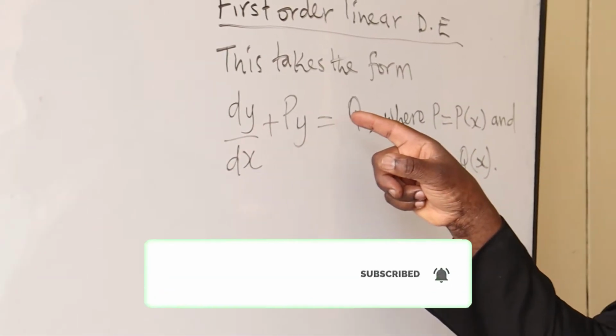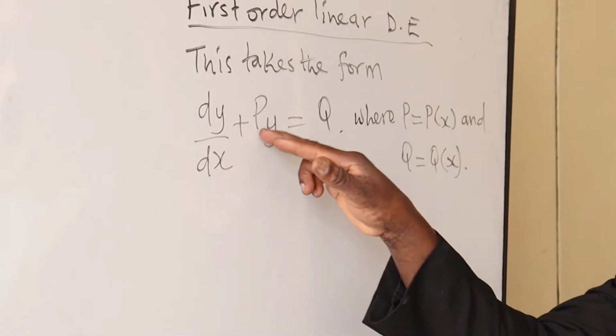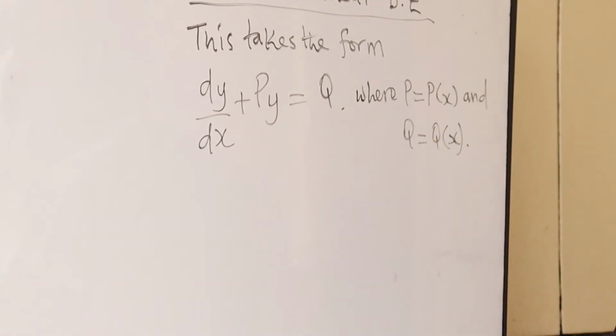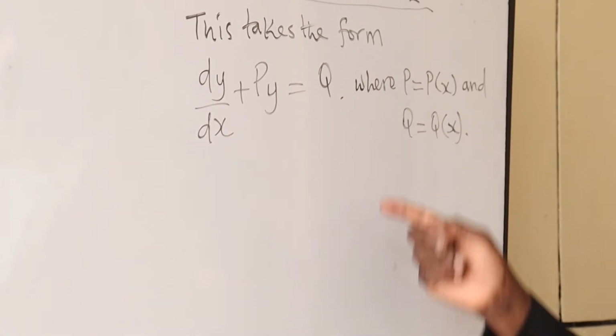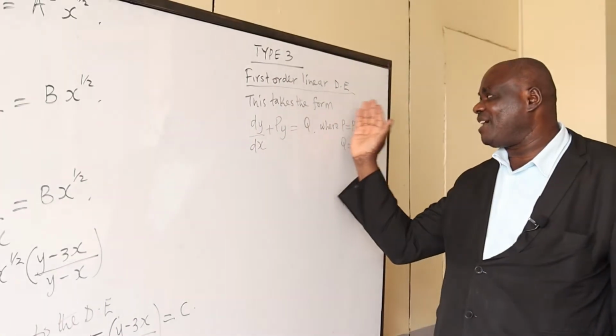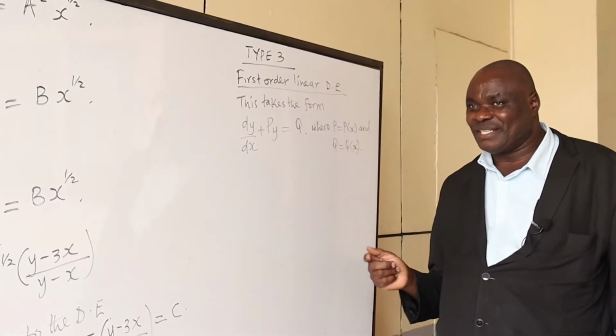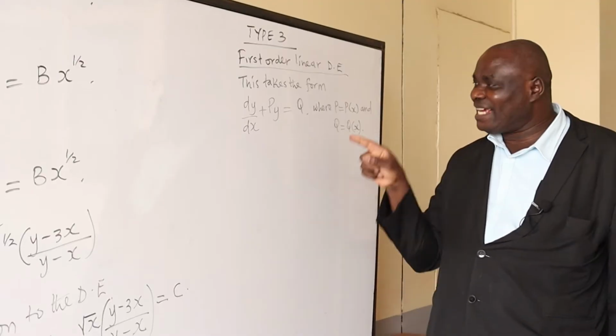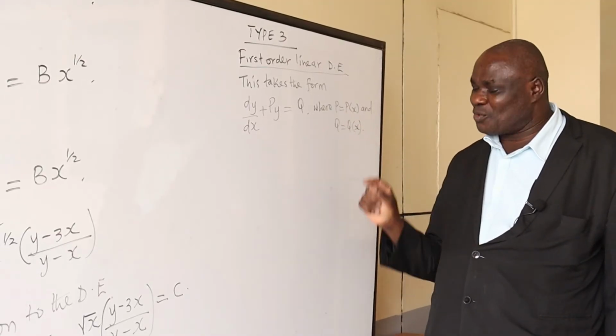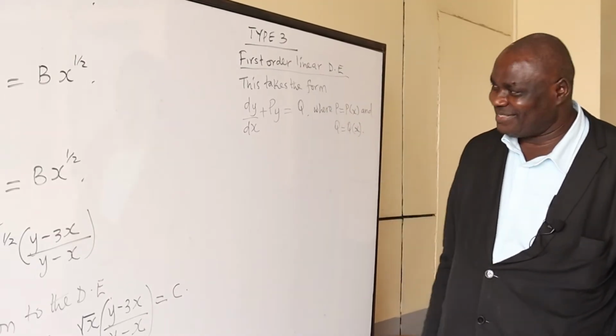Now, if it is in this format where p and q are just functions of x, we can solve it as a first order linear differential equation, which requires an integrating factor to enable you to solve.